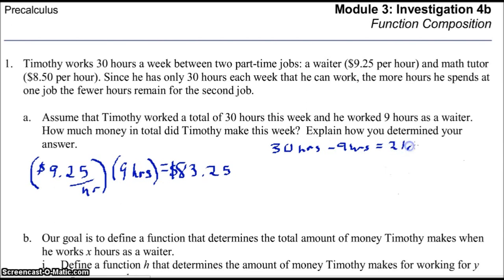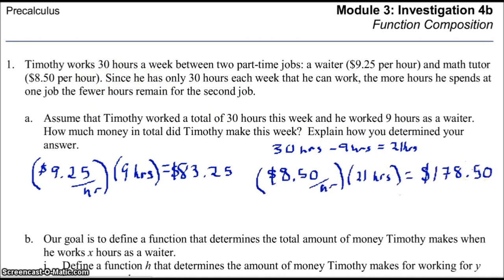Remember that he only has 30 hours to work each week, so he's got 21 more hours that he can work as a tutor. So we simply multiply the rate that he can work as a tutor, the $8.50, by 21. So multiplying $8.50 times 21 gives us $178.50.